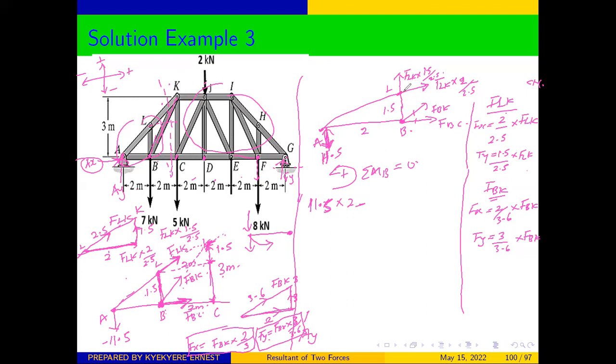The perpendicular distance is 1.5, so we are going to get 1.5 times FLK times 2 over 2.5. That is also going to cause a clockwise movement, looking at where the force has been applied. So it is going to be minus, and this is equal to 0.